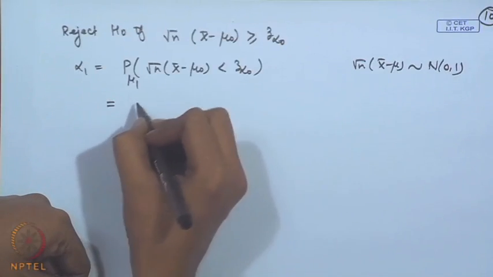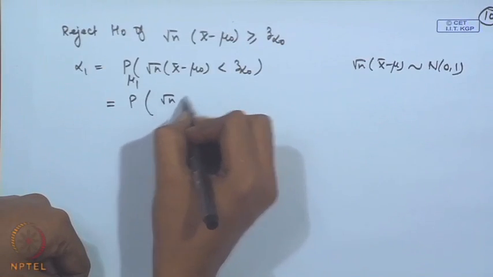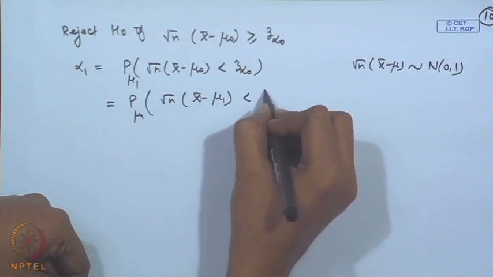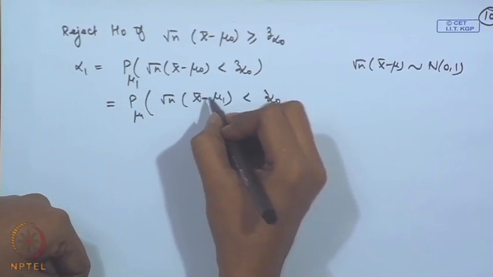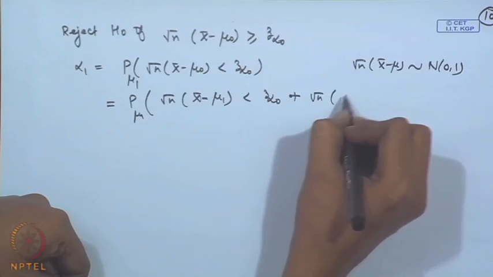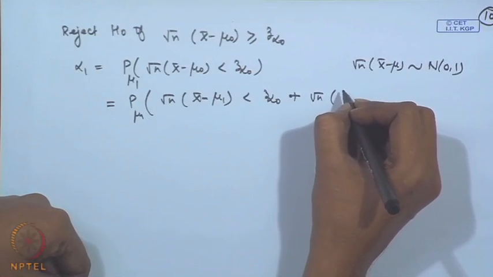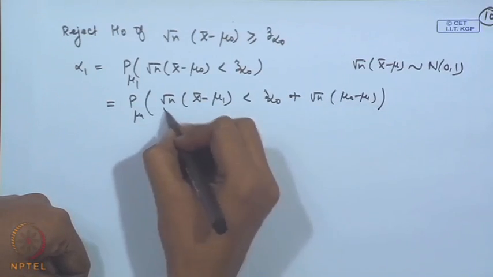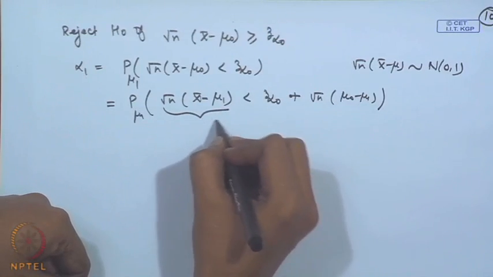So, when mu is equal to mu 1, we consider root n into x bar minus mu 1, then this is less than z alpha naught, and then that means I have adjusted the term root n into mu naught minus mu 1. This is the standard normal.